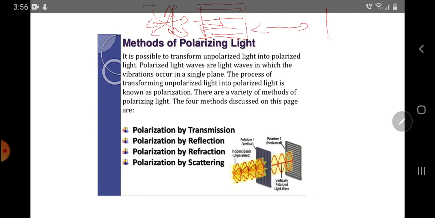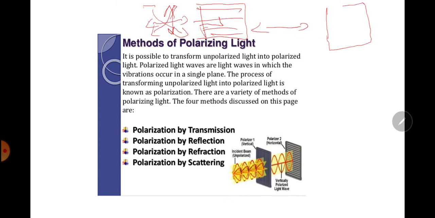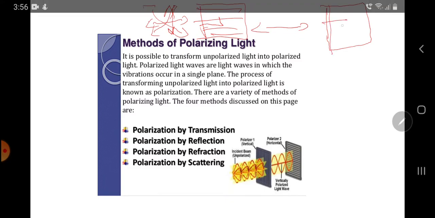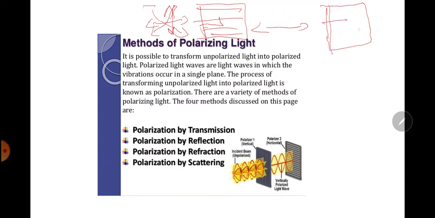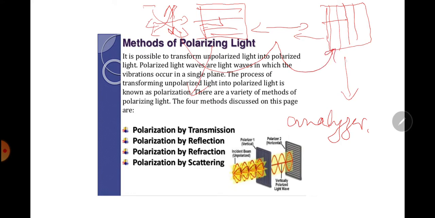Now we place another lens, glass, whose vibration is perpendicular, so it will block the horizontal also. This first one is called the polarizer. It polarized the light ray, and the second blocked the polarized light ray also, so it is called the analyzer.